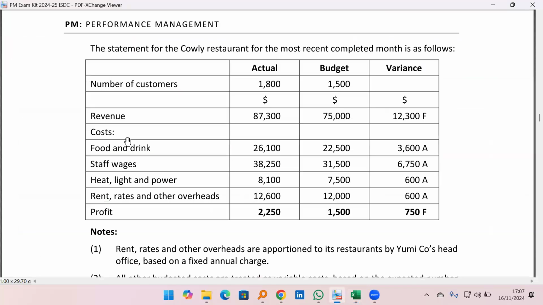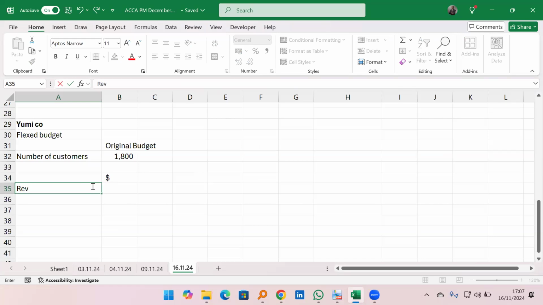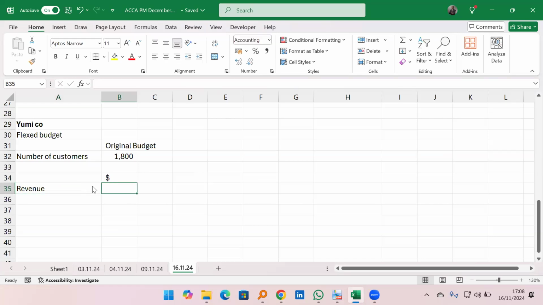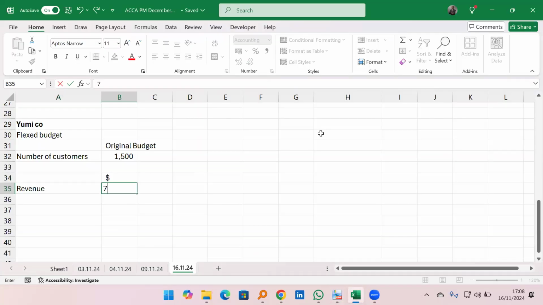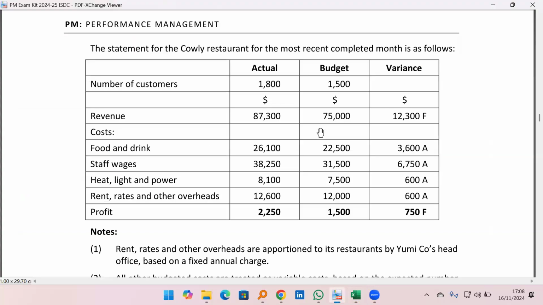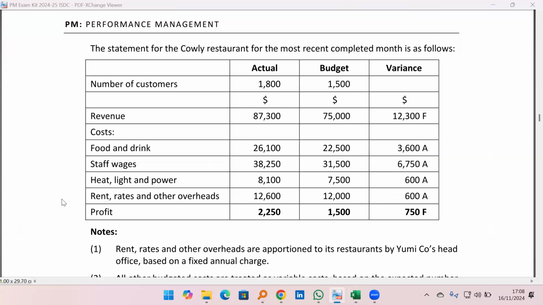And then it now had the revenues. So now we have the revenues. So our revenue was 75,000. Then costs, we have food and drink. Food and drink was 22,500.